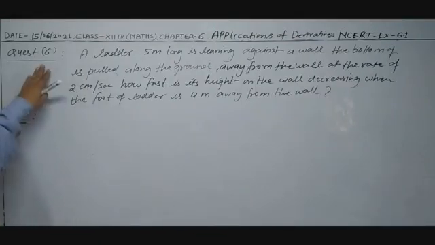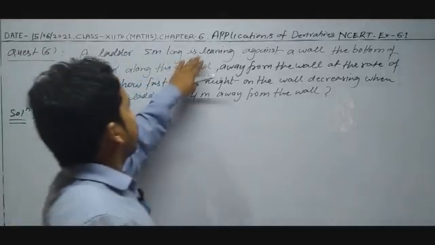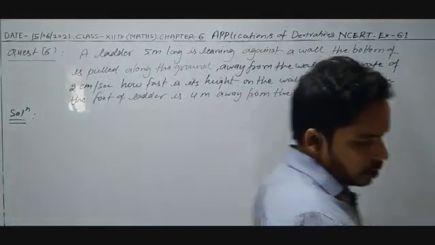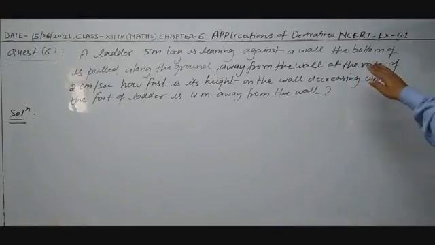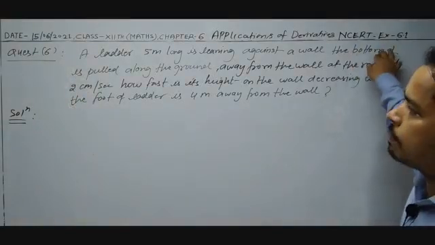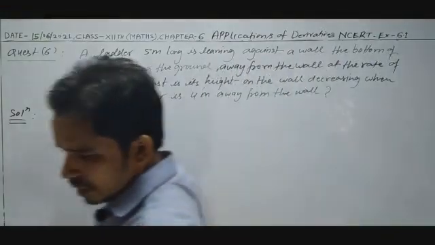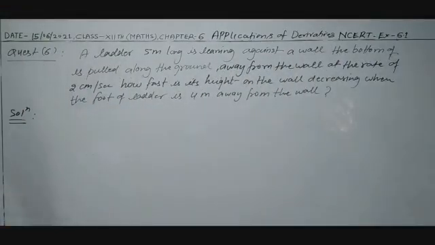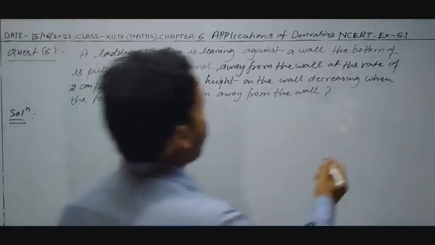Now see question number 6. A ladder 5 meter is leaning against a wall.